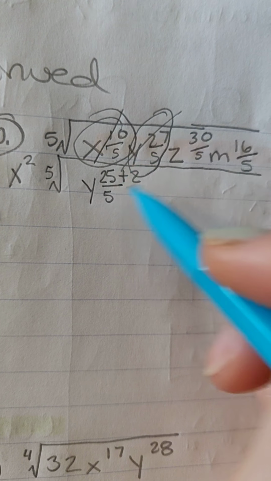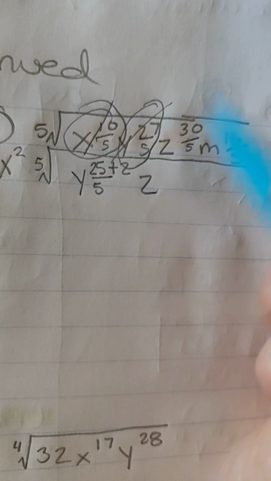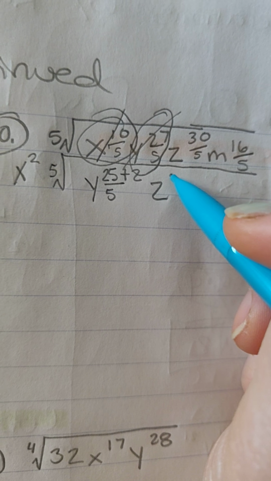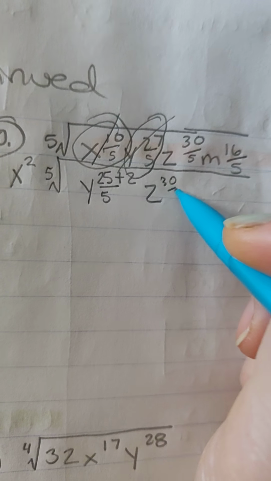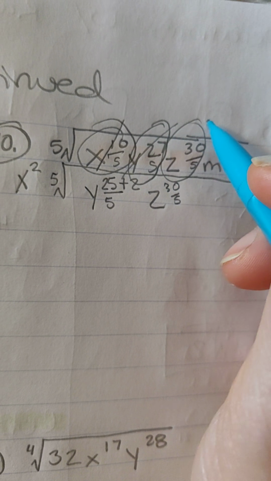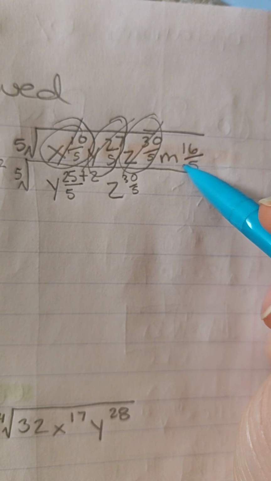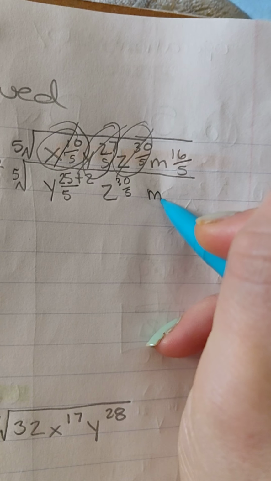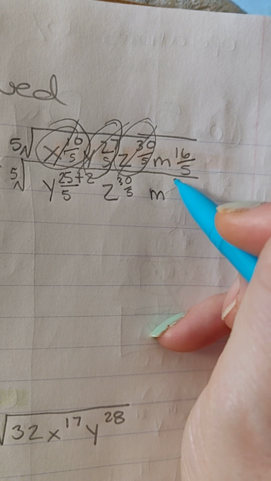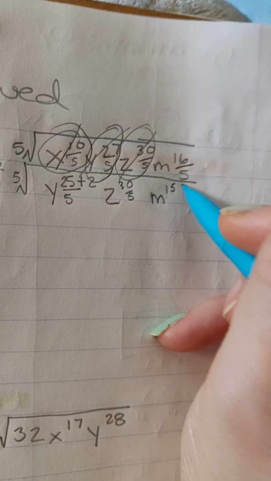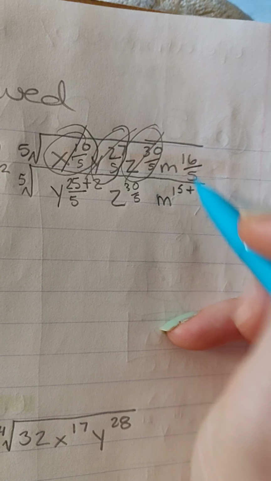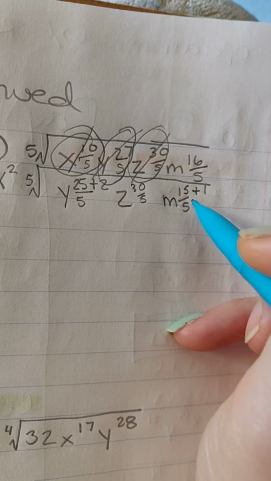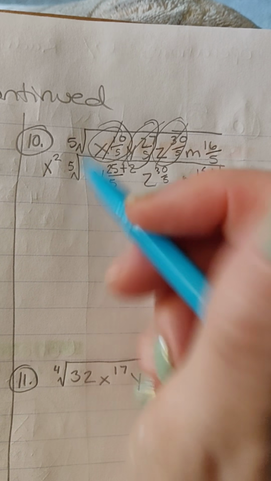Then I've got z to the 30th divided by 5. That one reduces nicely. I'm just rewriting that. And then this one is m to the 15th plus 1, because 15 and 1 give me 16. 15 divides by 5 nicely. So now I can simplify that a bit.